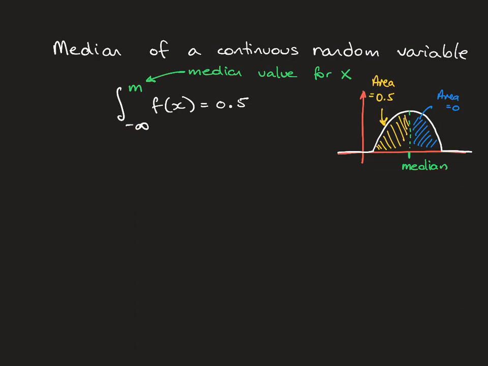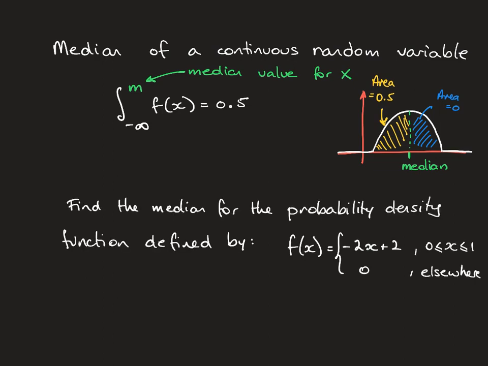So let's have a look at an example about how you get asked these sorts of questions and some of the tricky things to look for. So let's find the median for the probability density function defined by f of x is equal to negative 2x plus 2 between 0 and 1 and 0 elsewhere.